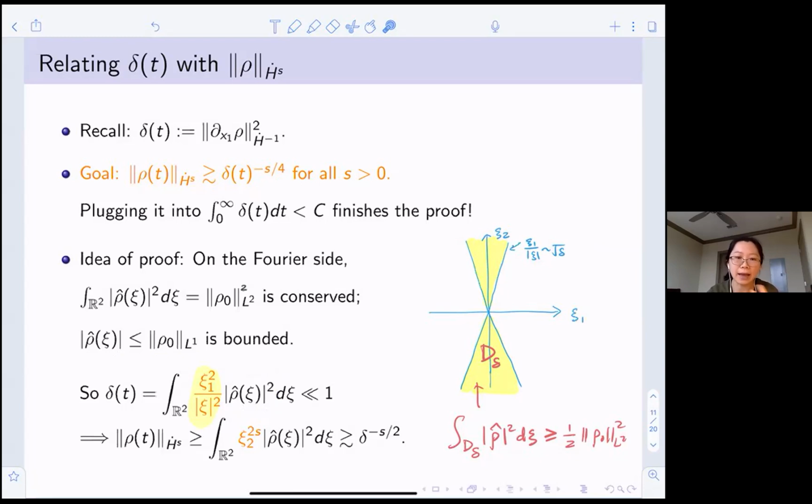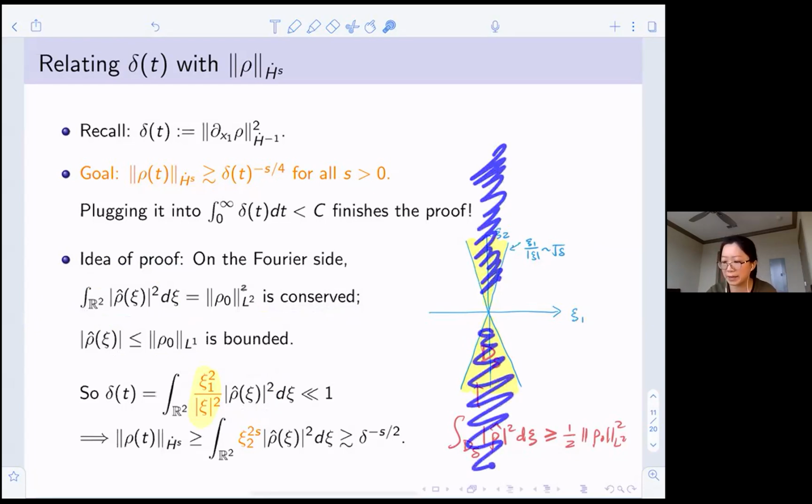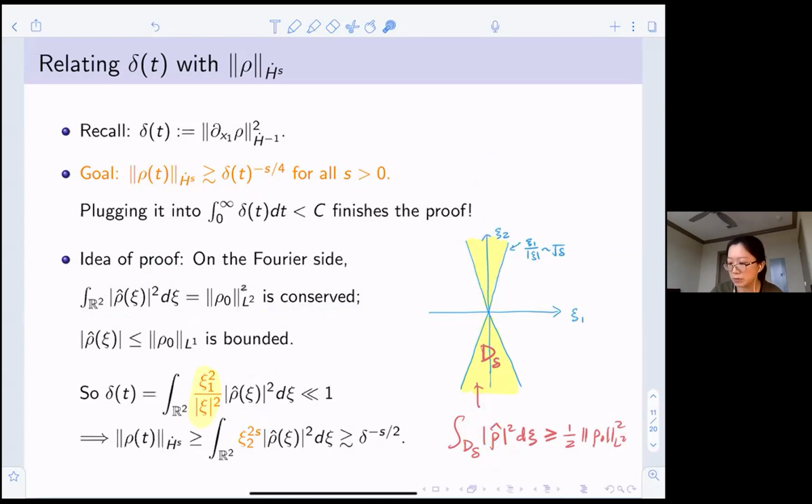And as a result, because the total integral of rho hat squared is a conserved quantity, half of it being near this xi2 axis means that it has to be reaching somewhere where xi2 is very high. So for that reason, we can show that with xi2 to any positive power as the weight, this number must be huge as delta becomes tiny.